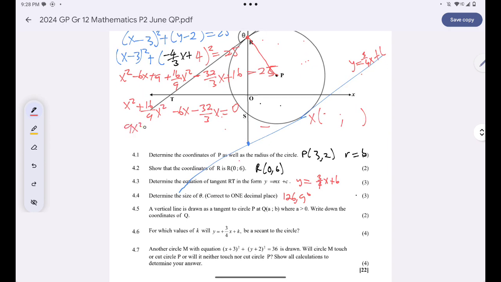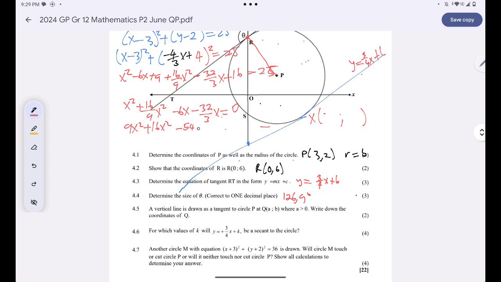I'll have 9x squared plus 16x squared. What is 6 times 9? 6 times 9 is 54.